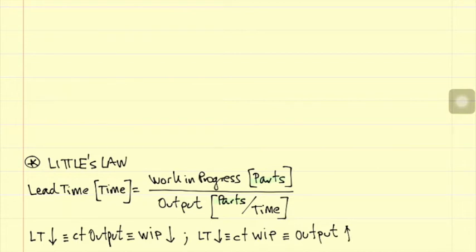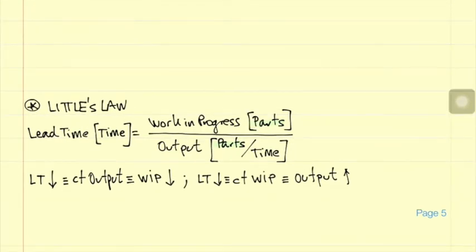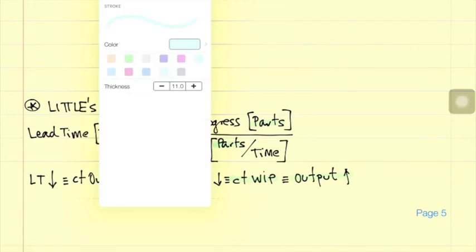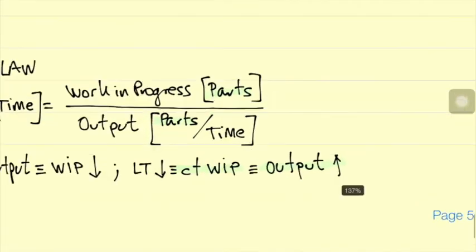Okay, so in a condition of market expansion, you will try to keep your inventory constant, and you would try to increase your output. This is the strategy in a market expansion.